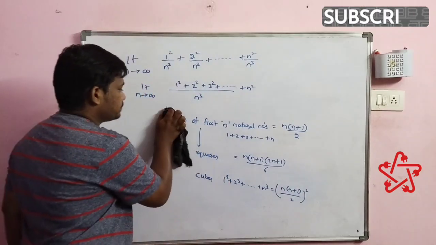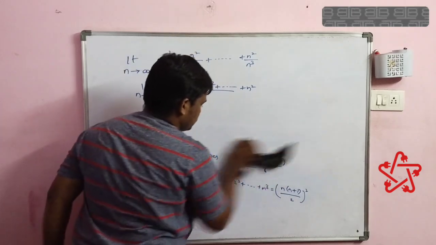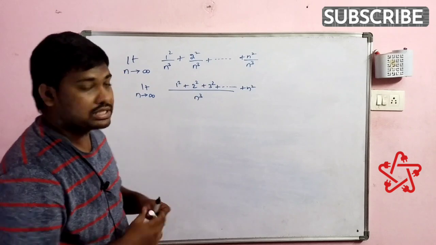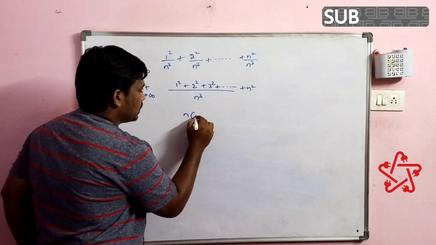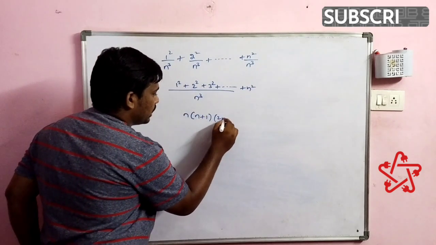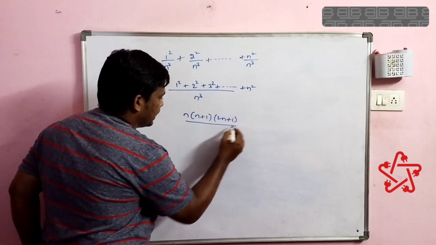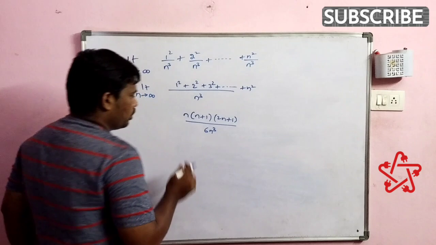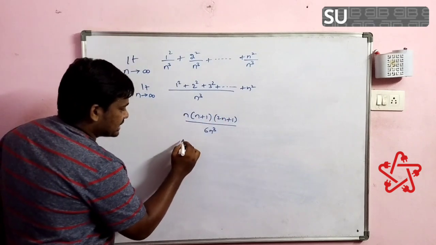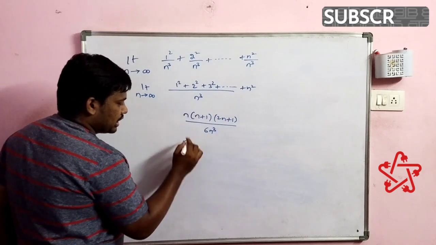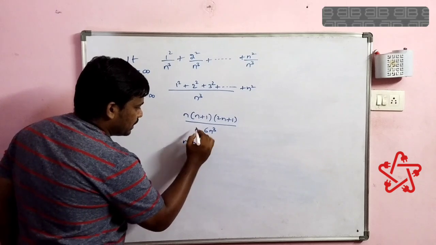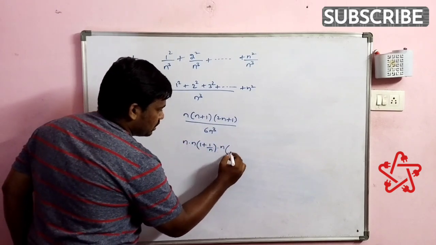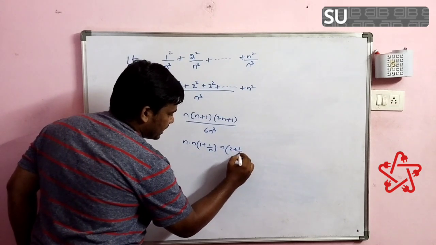Now the general form for this can be written as n into n plus 1 into 2n plus 1 divided by 6, I am writing 6n cube. Now from all the three, take n as common. Here also get the n common and it becomes 1 plus 1 by n, and from here get the n as common, 2 plus 1 by n.